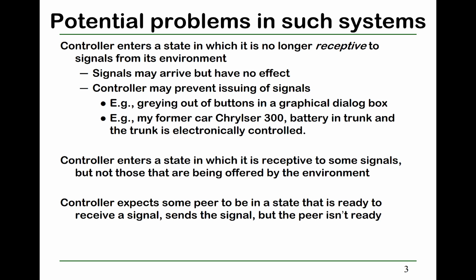The signals may arrive, but the controller doesn't receive them, because it is not in a state that can receive signals. And also the controller may prevent issuing of signals. For example, the system may gray out the buttons in a GUI so that you cannot click that button.